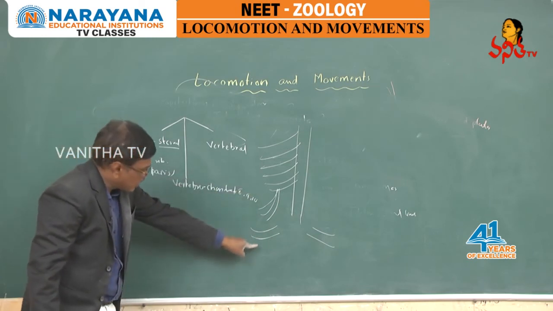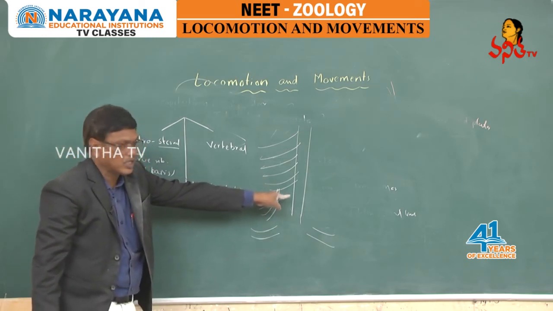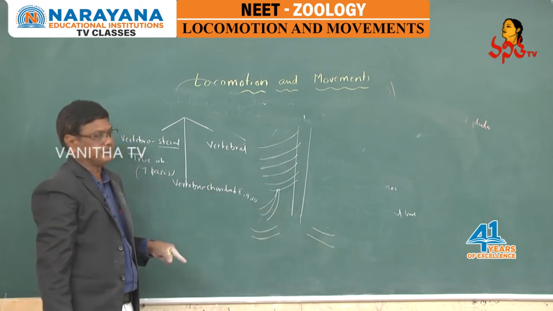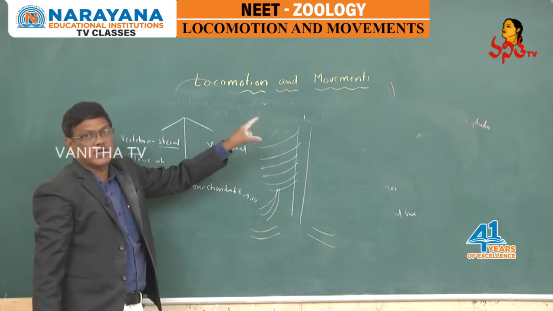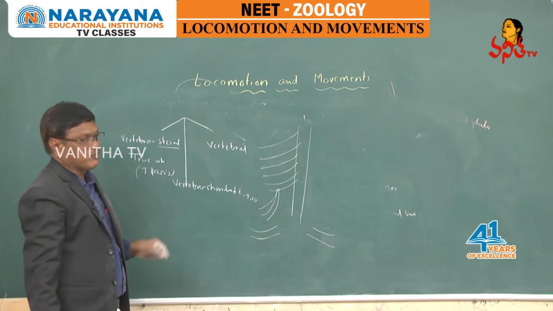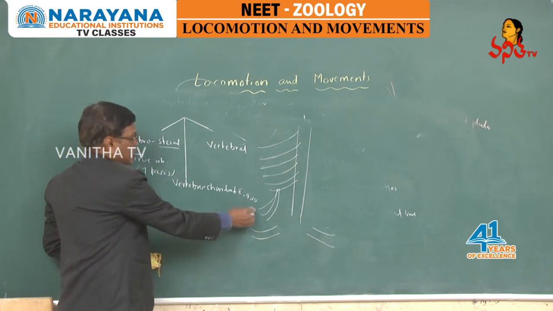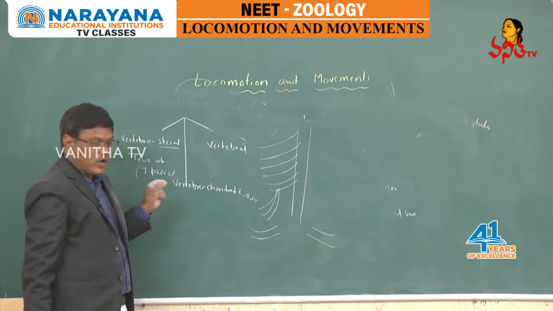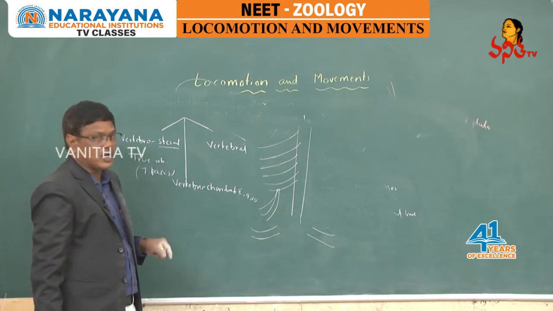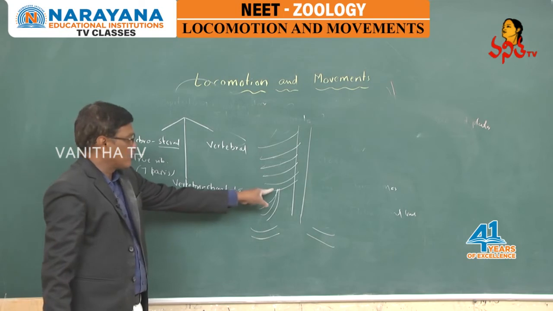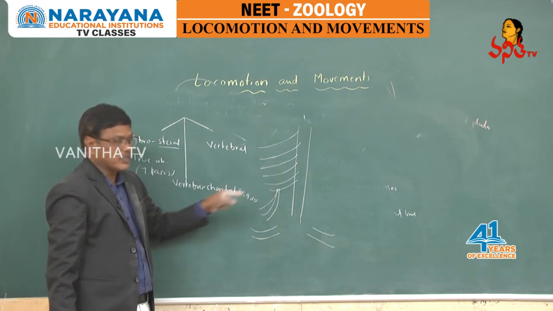All these 5 pairs which are not articulated to the sternum are false ribs. Only the first 7 pairs of ribs are true ribs. The 8th, 9th and 10th are false ribs as well as vertebrochondral, because they articulate with the cartilaginous portion of the 7th rib.